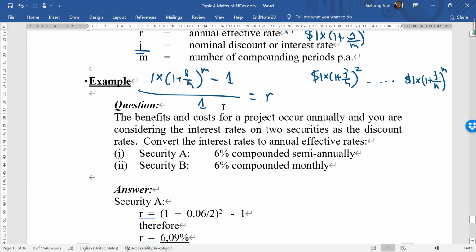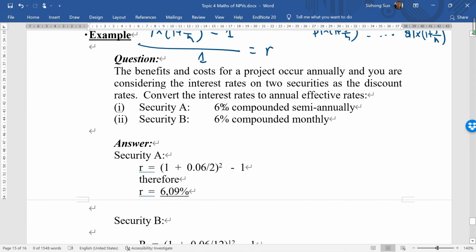Okay, let's look at an example. The benefits and costs for a project occur annually, and you are considering the interest rates on 2 securities as the discount rate. Convert the interest rates to annual effective rates. Security A: 6% nominal annual rate, compounded semi-annually.